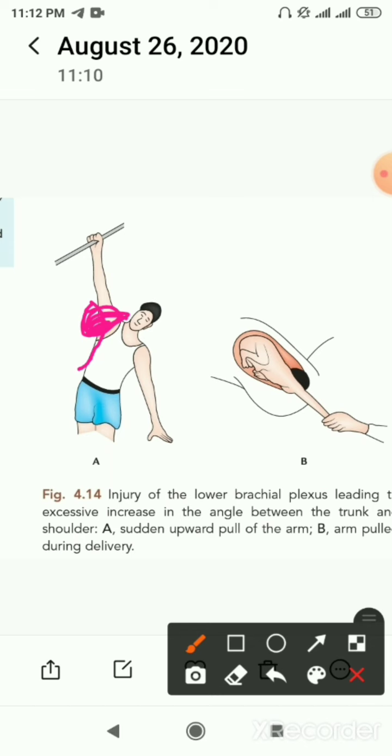We know during normal delivery of a baby, the head comes first. If the hands come first and we pull with some force, then there will be undue stretching of the shoulder joint, and injury to the lower trunk of the brachial plexus, leading to Klumpke's paralysis.